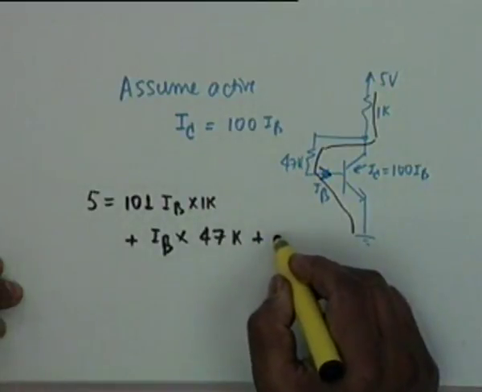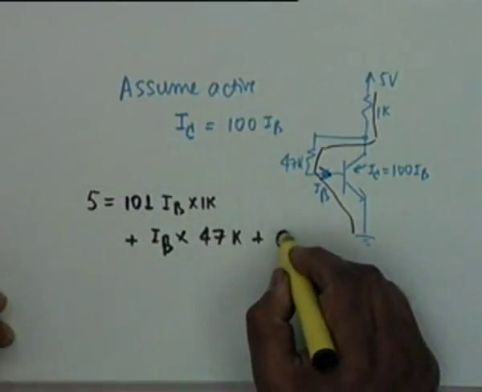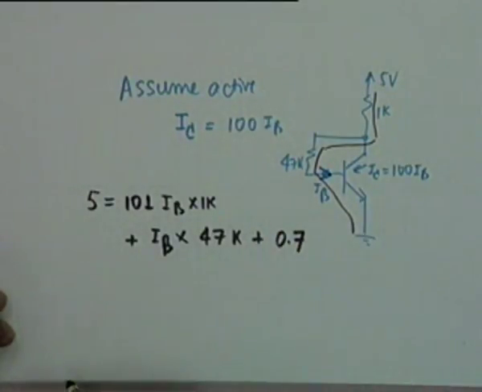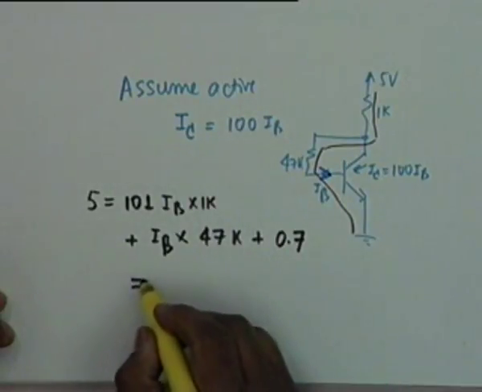Since we assumed active, we assume it to be 0.7, from which you can find out I_B.